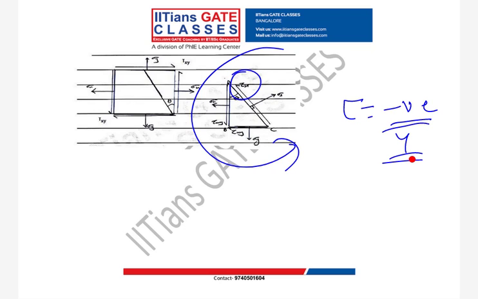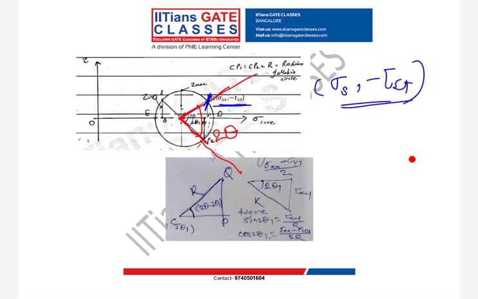But we are here seeing that the coordinate of point Q is sigma s comma minus tau st, because your tau is drawn on the positive y axis, so we are substituting a negative sign.